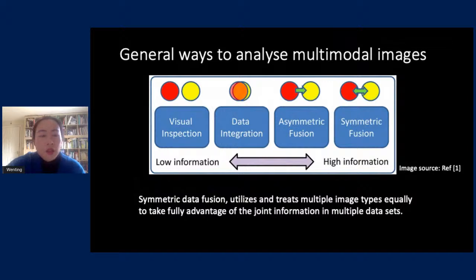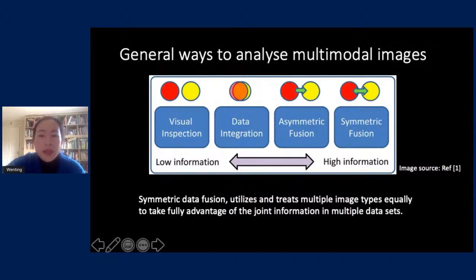There are general ways to analyze these multimodal images. From the picture, you can see that we can divide them into 4 groups of strategies, which are commonly used to analyze multimodal images. On the left end of the spectrum is what we call visual inspection.